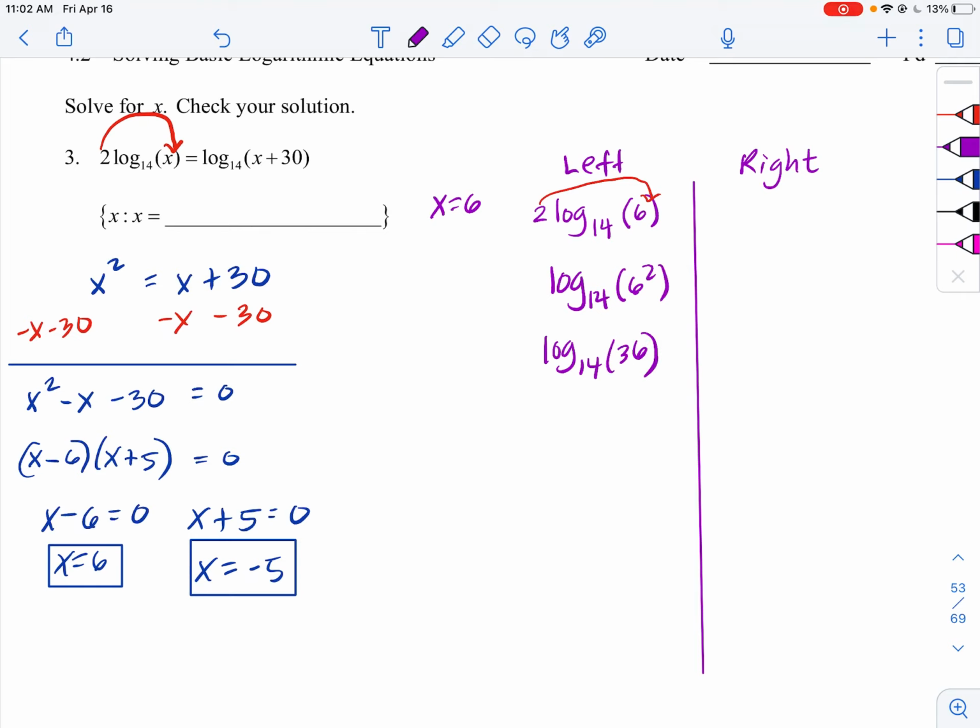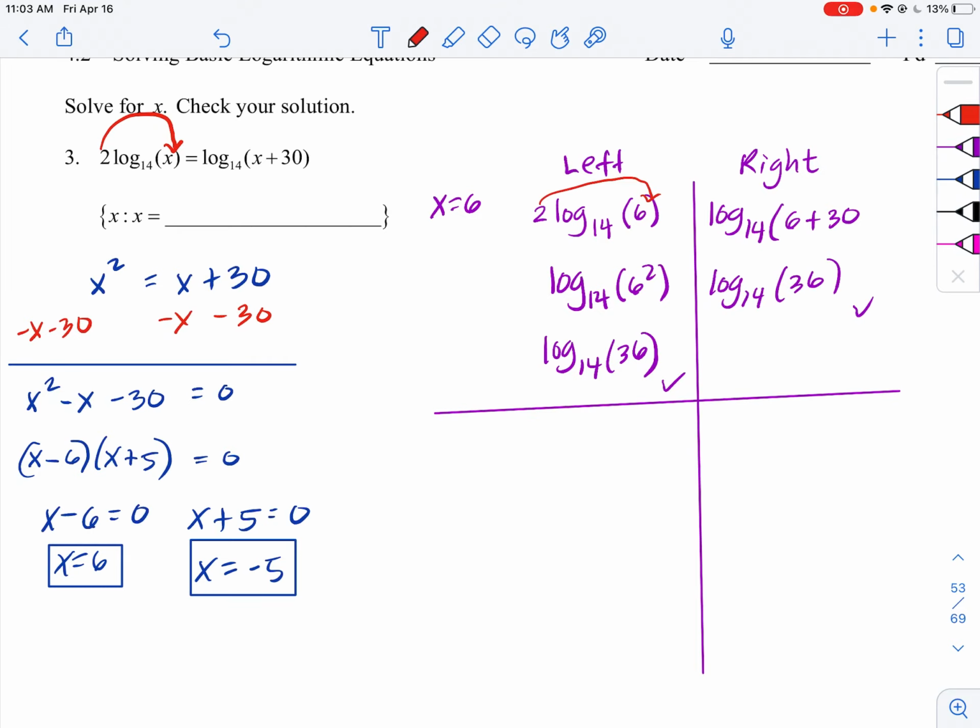Okay, moving on. Log base 14 of x plus 30, so 6 plus 30. Ooh, nice. They are both equal to each other, and there's no negative in the argument, no negative inside the parentheses. So 6 works, and because it works, I'm going to put that right there.